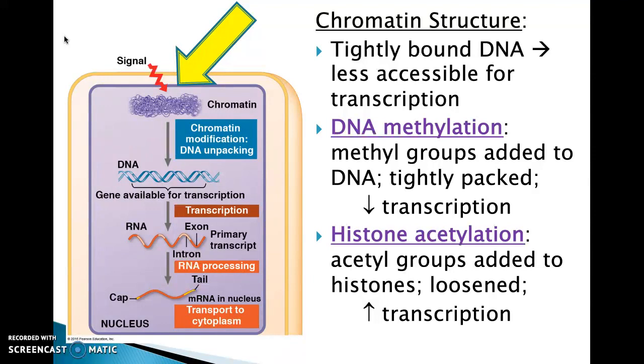You may want to look back, if you have your books with you, which I don't know that I would over Christmas vacation, but you might want to review, I think it's chapter 13, figure 13.23. That will give you a really good visual of what a nucleosome is and what the histones look like all bound together.